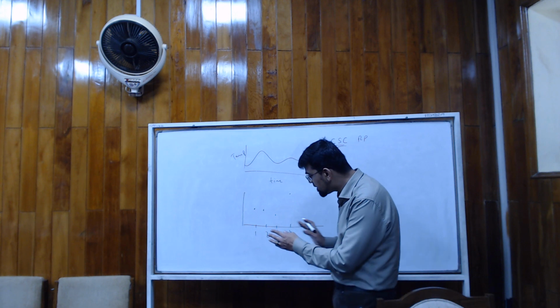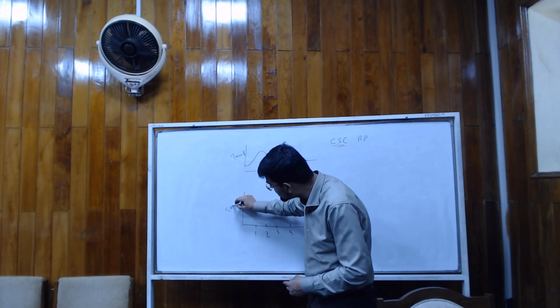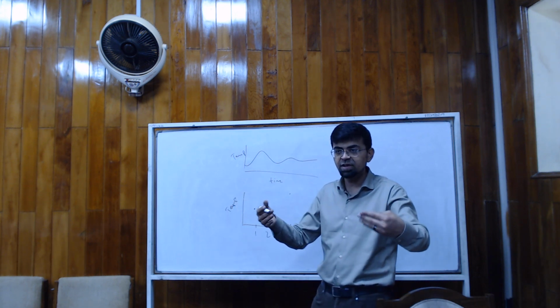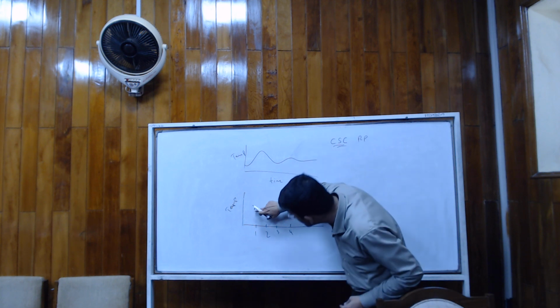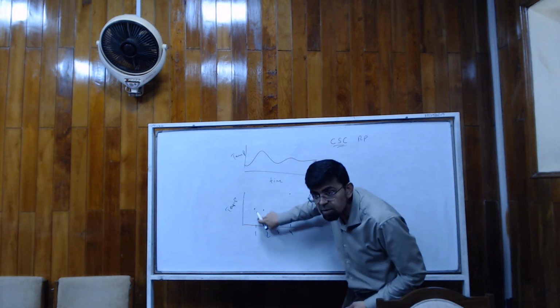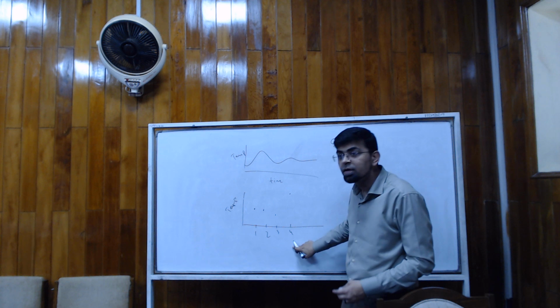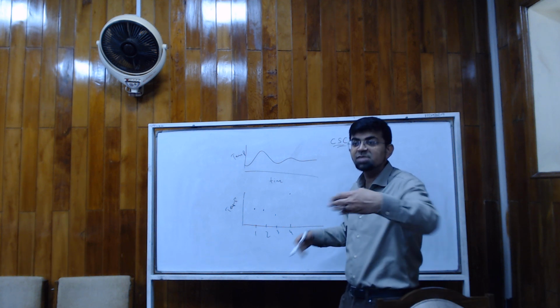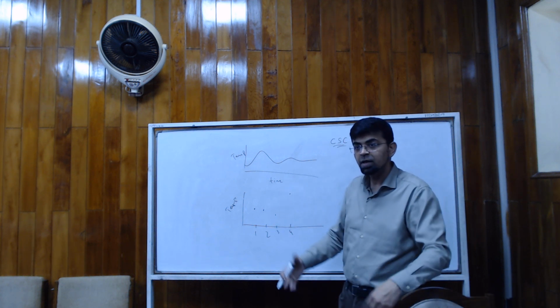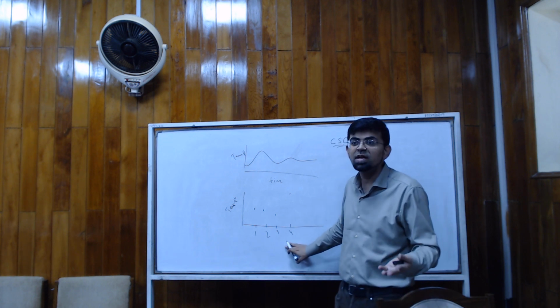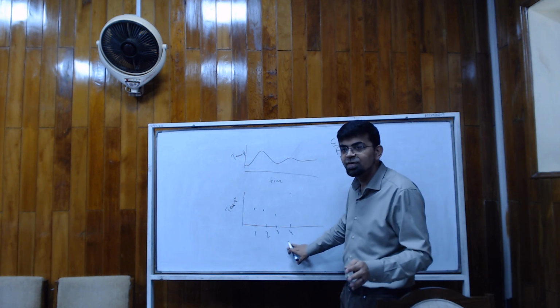Now, which side have we discretized? Temperature itself is still, by its nature, continuous, so they could have had any value here. But by the nature of your experiment or setup, you have made this side discrete. You can't have 1.5 people, right?